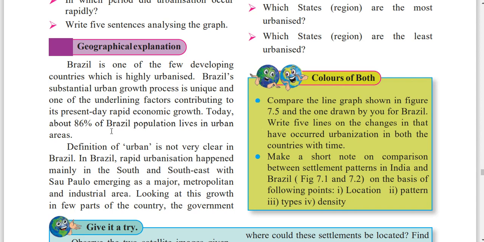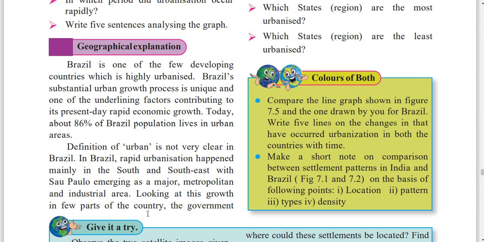Today, about 86% of Brazil's population lives in urban areas. The definition of urban is not very clear in Brazil. In Brazil, rapid urbanization happened mainly in the south and southeast, with Sao Paulo emerging as a major metropolitan and industrial area.